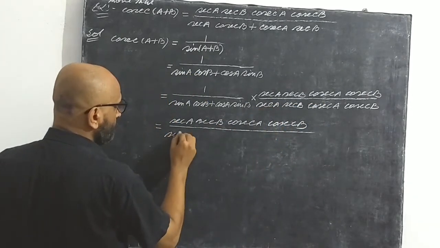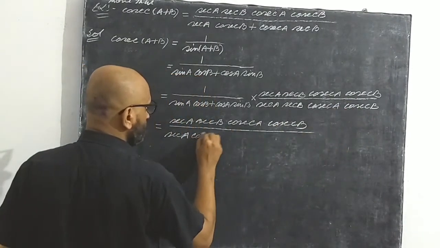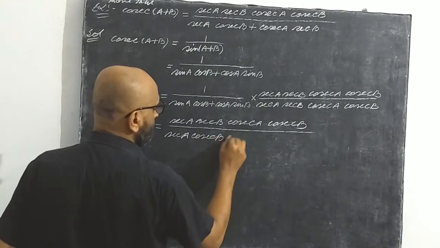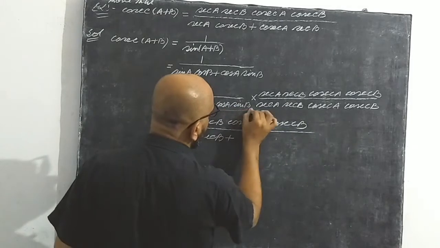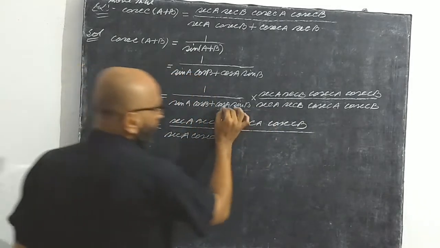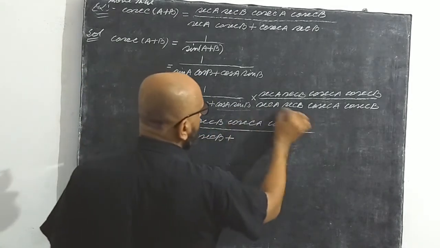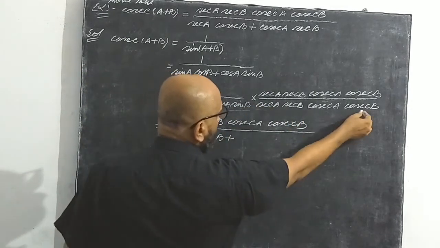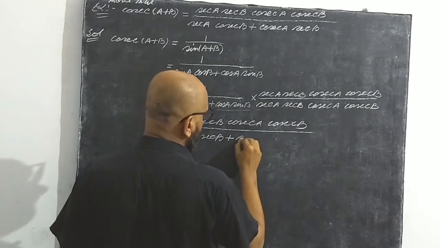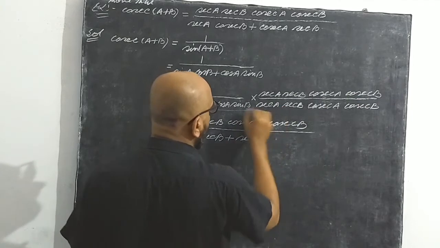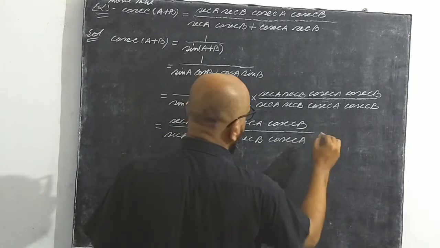Only sec A and cosec B, plus. In the same way, if we multiply this expression with the second term, cos A will cancel sec A being reciprocal, and sin B will cancel cosec B. So what is left here? Sec B and cosec A are left.